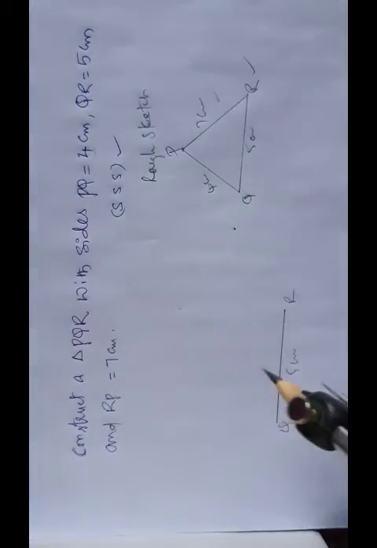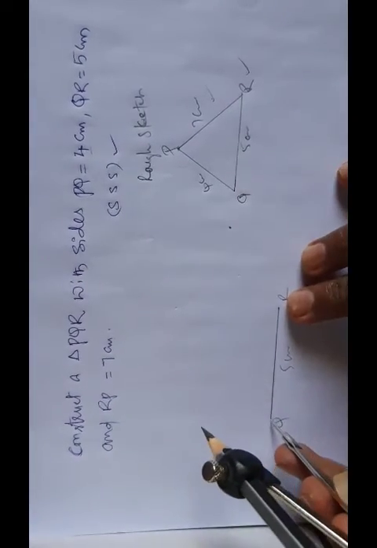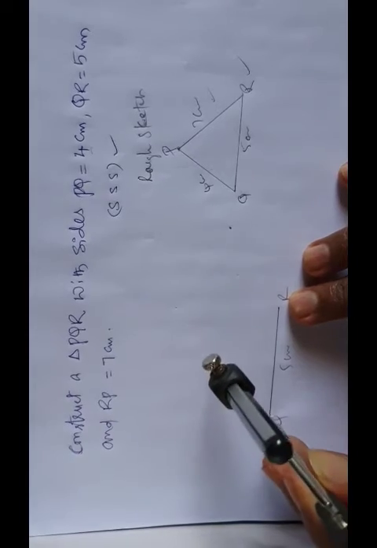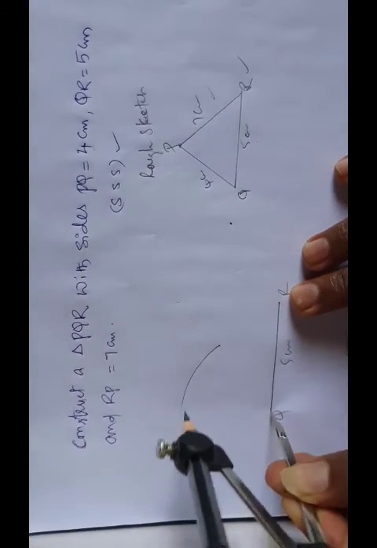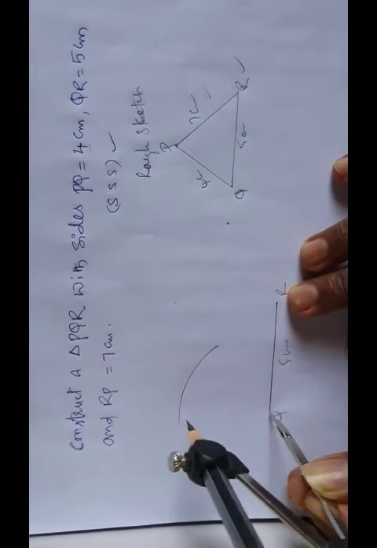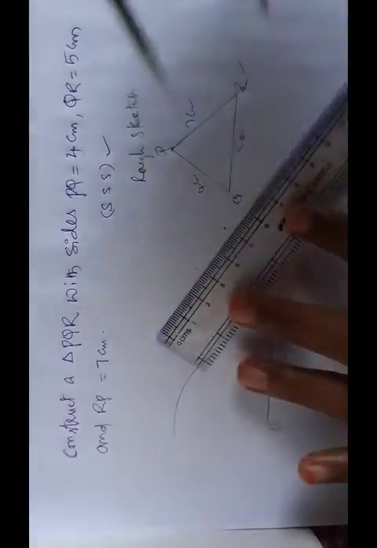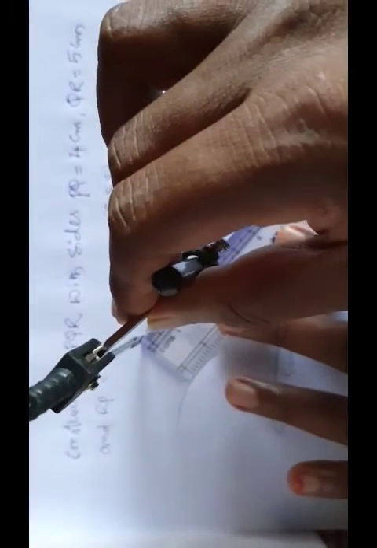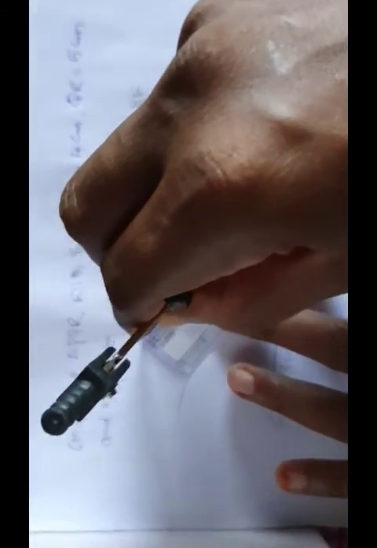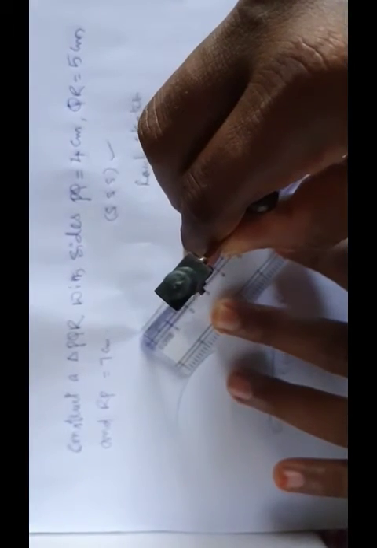After that, from Q, draw one arc. After that, PR is 7 centimeters, so measure from 0 to 7 centimeters.